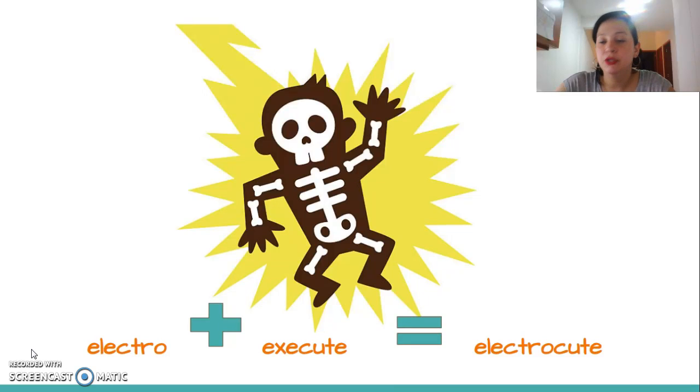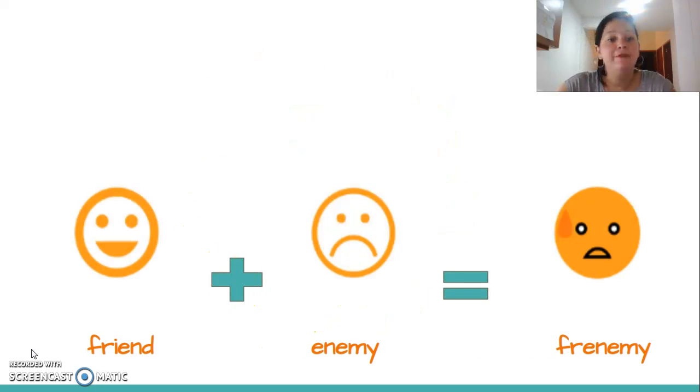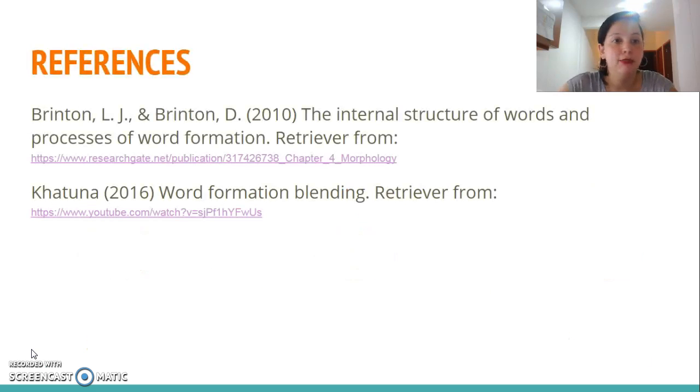Electro and execute: so we have electrocute as a blend. Friend and enemy: frenemy. It's a mixed word. Frenemy. So those are the words that I showed you.